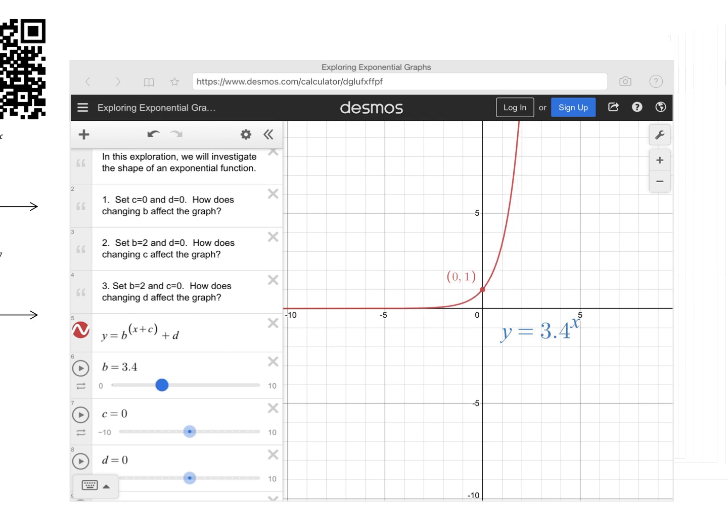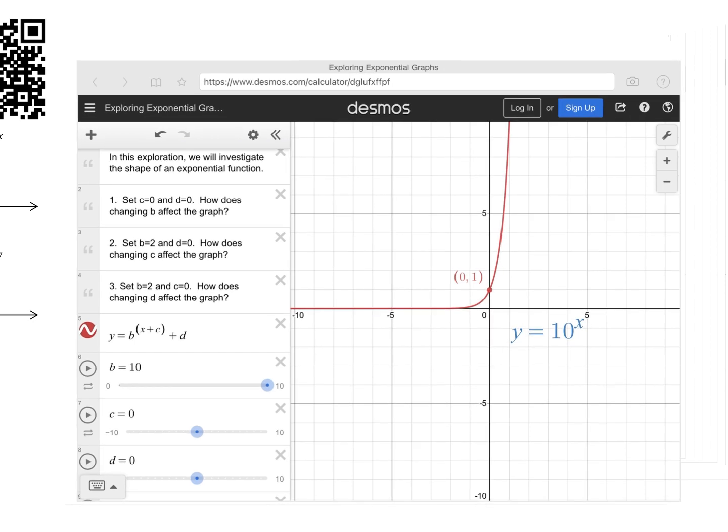As we went from a b value of 2 to 3 to the x, it got steeper. The right side is getting steeper: 3 to the x, 4 to the x, 5 to the x, all the way up to 10 to the x. It's going really steep because this is multiplying by 10. Over 1, 10 to the first power would be 10 way up there, and then it's multiplying by 10 every time. So that kind of makes sense, hopefully.